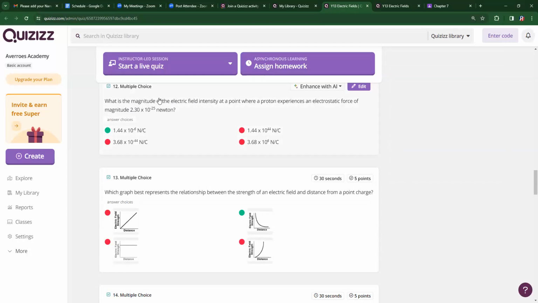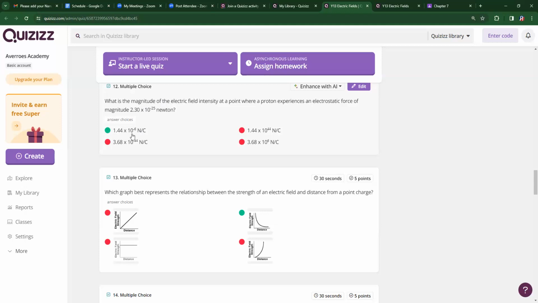Then when you divide powers, 10 to the power negative 25 divided by 10 to the power negative 19: negative 25 take away negative 19 is negative 25 plus 19, so negative 6. And 2.3 divided by 1.6 will be 1.44. Straightforward. And 10 to the power negative 25 divided by 10 to the power negative 19: negative 25 plus 19 gives 10 to the power negative 6.